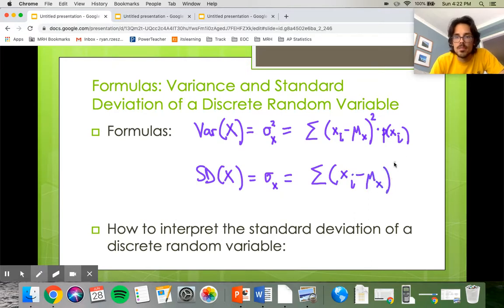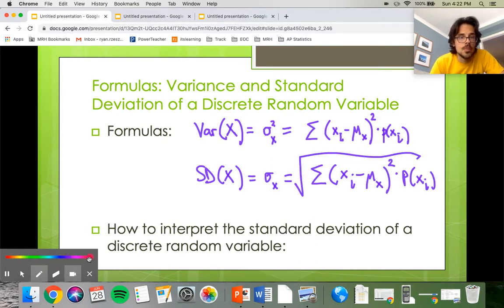And this formula should hopefully make a little bit of sense to you, how it works. And then how to interpret the standard deviation of a random variable. We've done this before, but you talk about the typical distance.